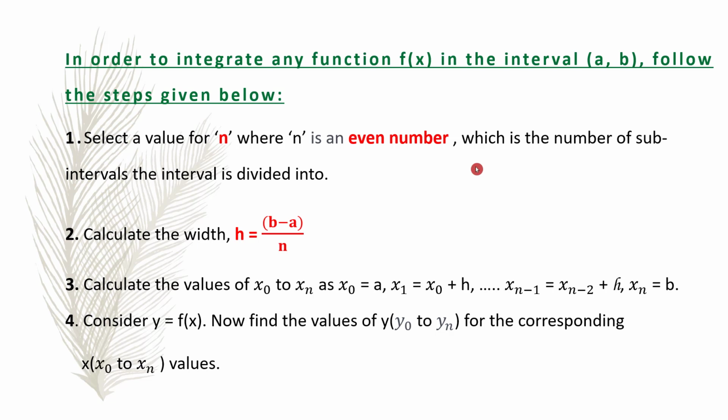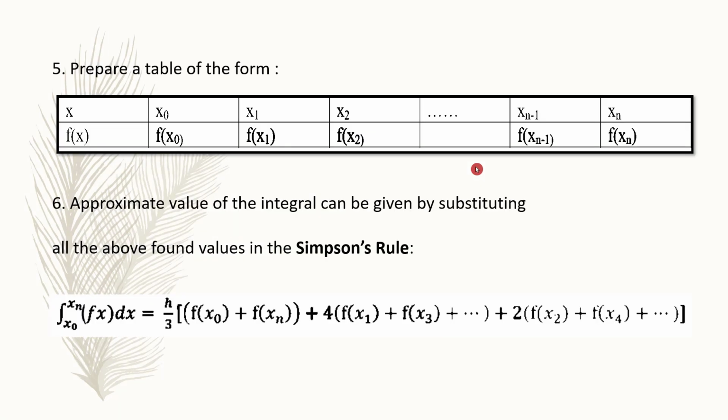Consider that y equals f(x). Now find the corresponding values of y, that is y0 to yn, for the corresponding values x0 to xn. After finding all those values, prepare a table of the form given in the slide.